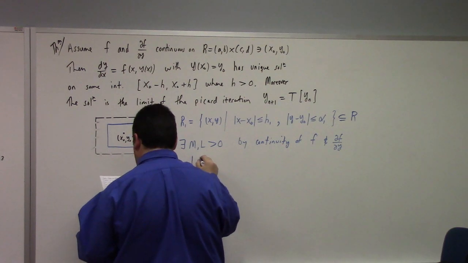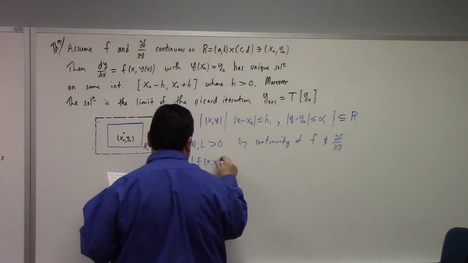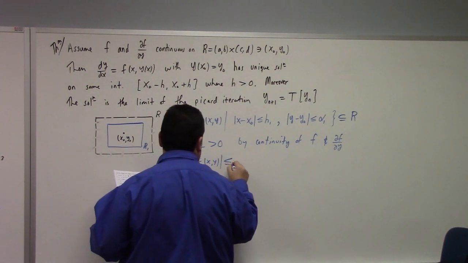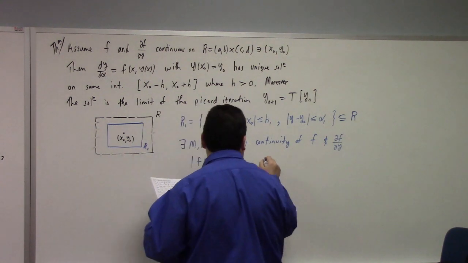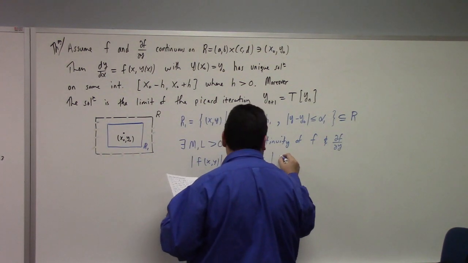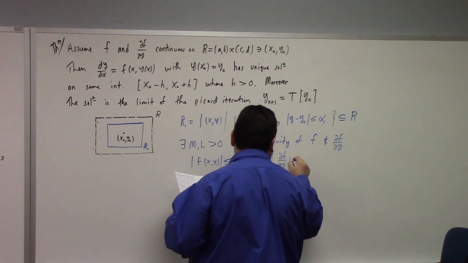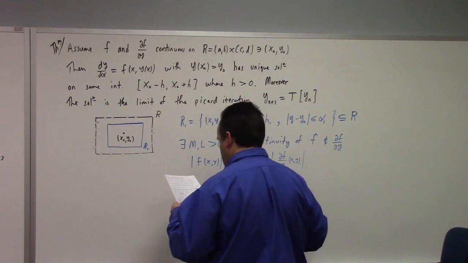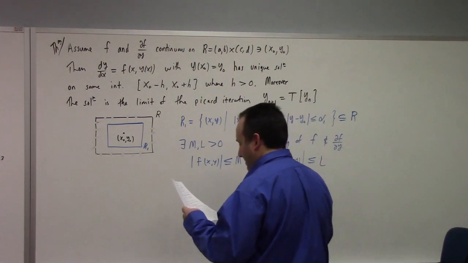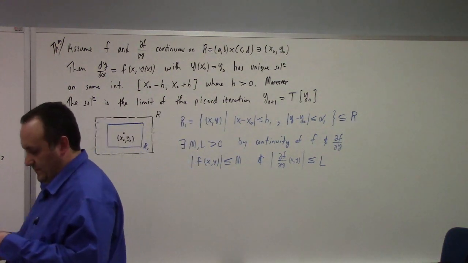Such that we have the absolute value of f of (x, y) is less than or equal to M, and the absolute value of partial f partial y is less than or equal to L. Right.